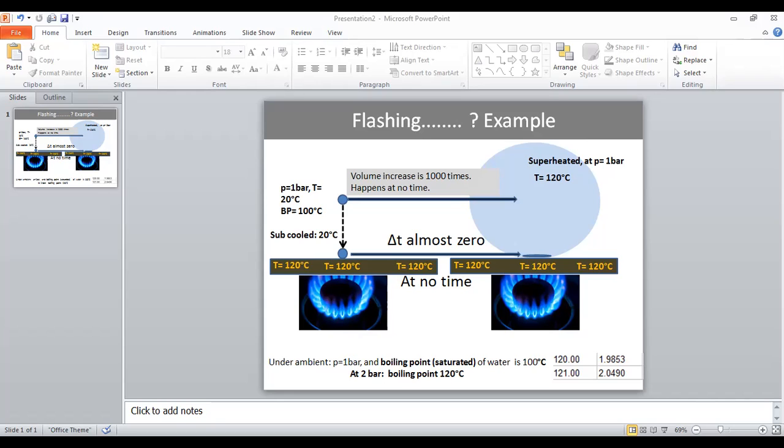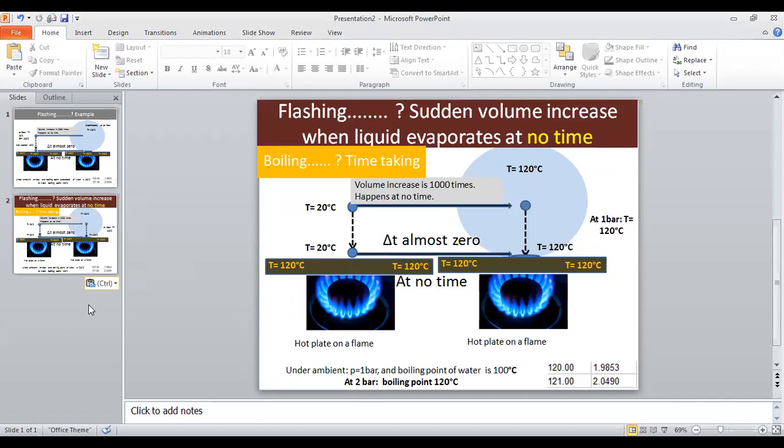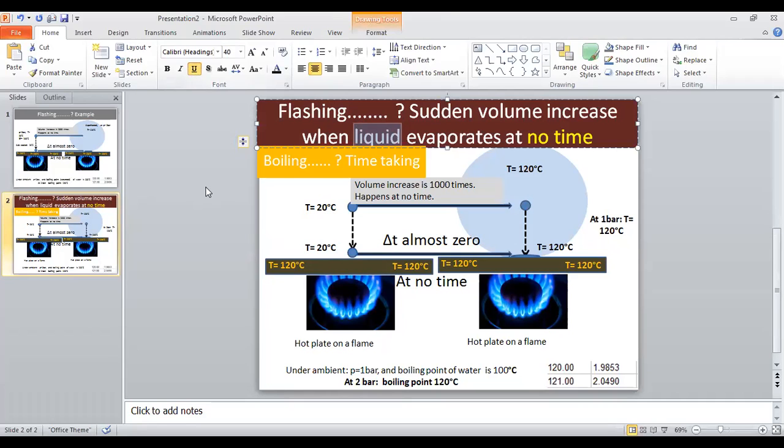So I'm putting the same slide. Flashing becomes the sudden volume increase when liquid evaporates at no time, of course. So flashing is related to liquid.